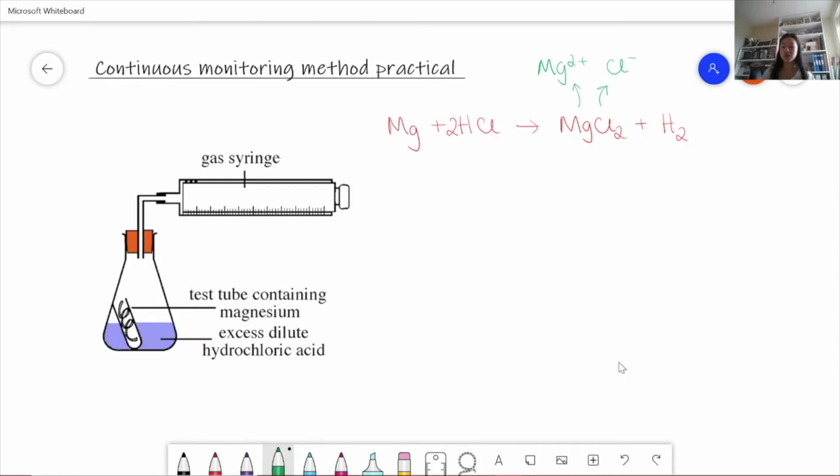reaction kind of stops. So what we do is we first measure out some hydrochloric acid. So it's normally 10 centimeters cubed. And then we place it into this conical flask.